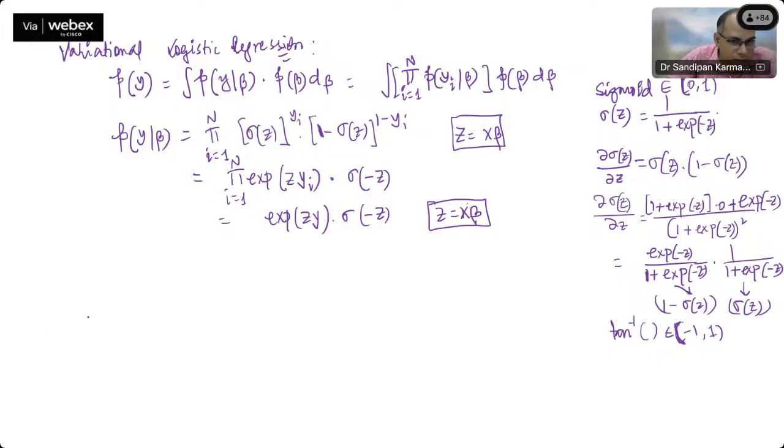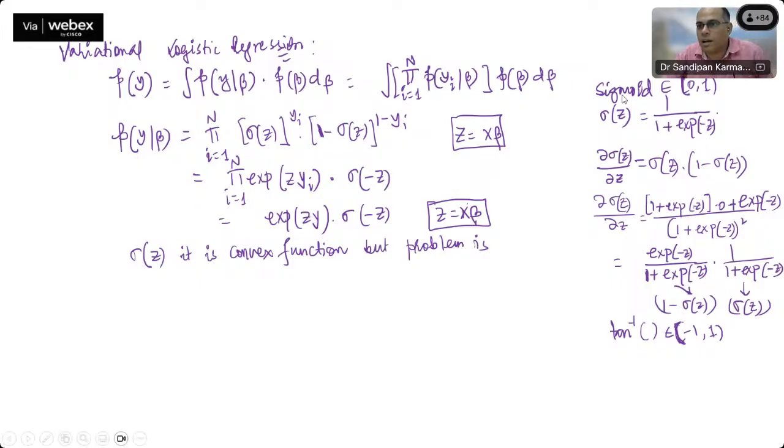Okay, now the thing is that here the sigmoid function sigma z, it is a convex function.